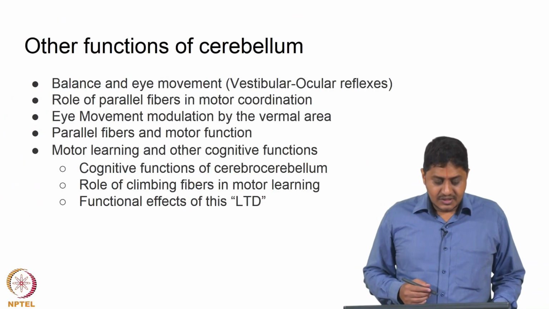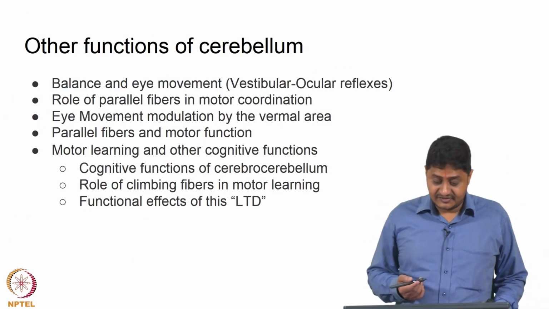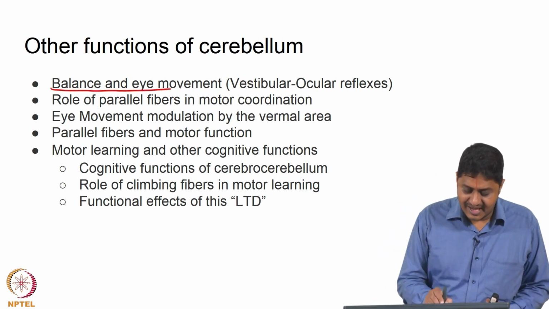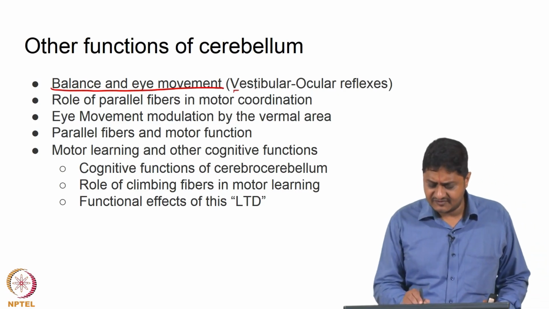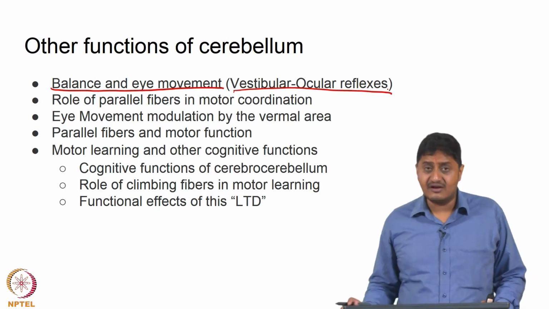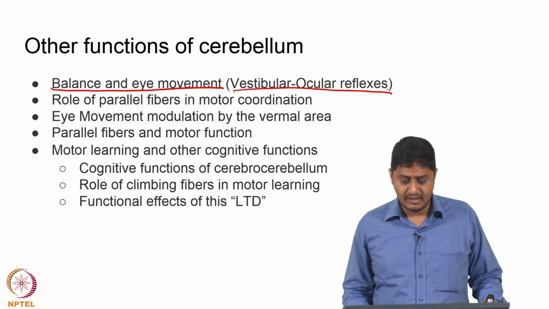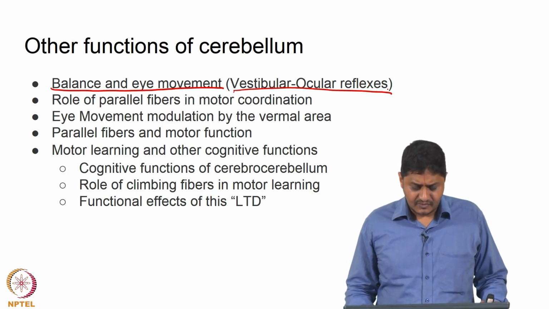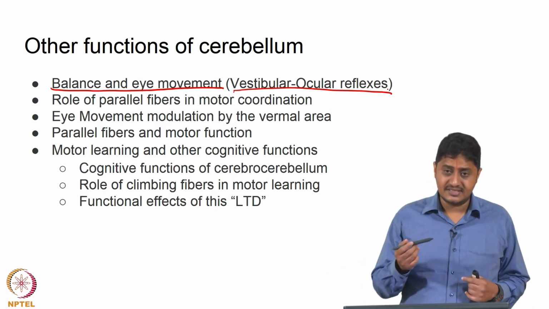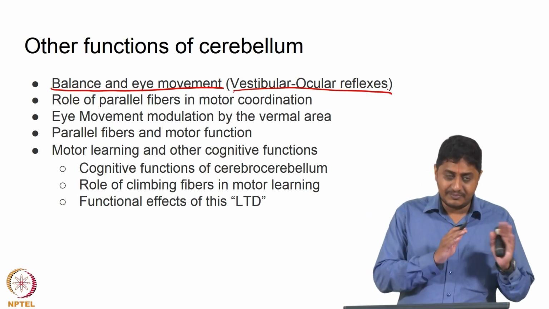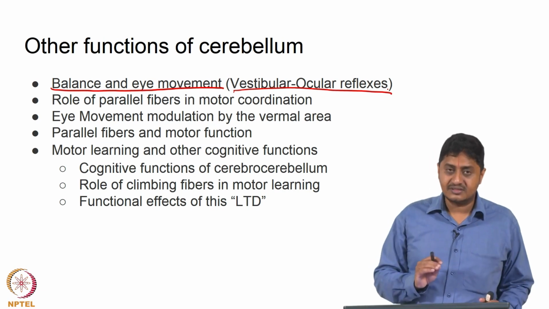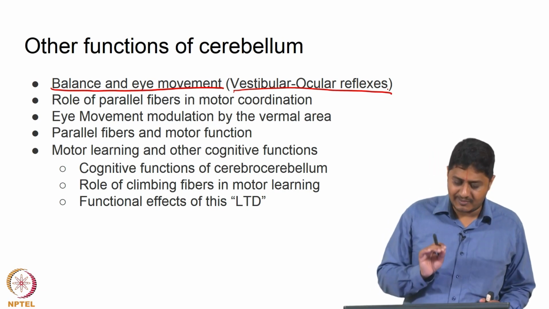Okay. So, it is also believed that there are other functions of the cerebellum such as cognitive functions, but before that there are functions such as balance and eye movements such as vestibulo-ocular reflex. We discussed this case in one of the previous classes, and it is believed that parallel fibers perform a crucial role in motor coordination. Parallel fibers project perpendicularly to the Purkinje cells. Because they innervate Purkinje cells at multiple levels, it is possible that these Purkinje cells project to the deep nuclei in a somatotopic manner.